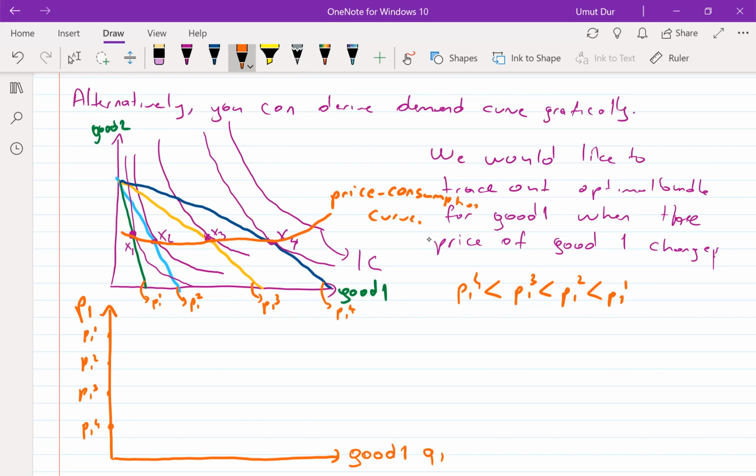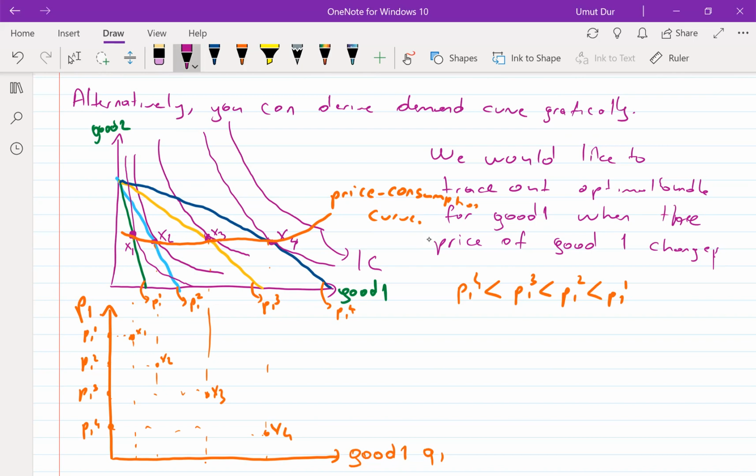And the rest is simple. I'm just looking for the image of this point here. So this is x1 point. The image of x2 is here. The image for x3 is here. And this is the image for x4 here.